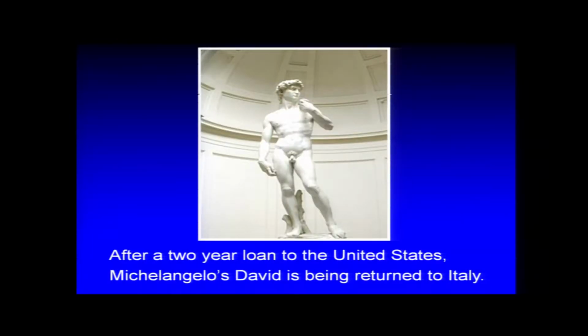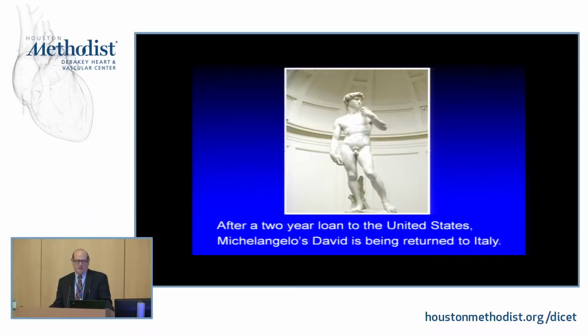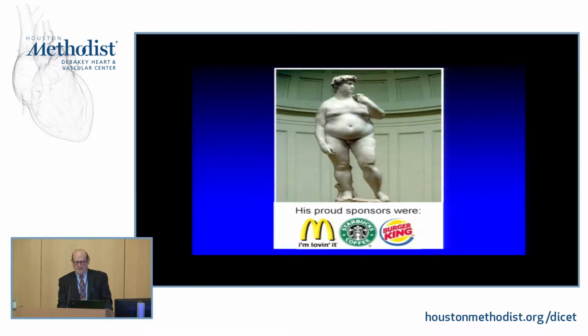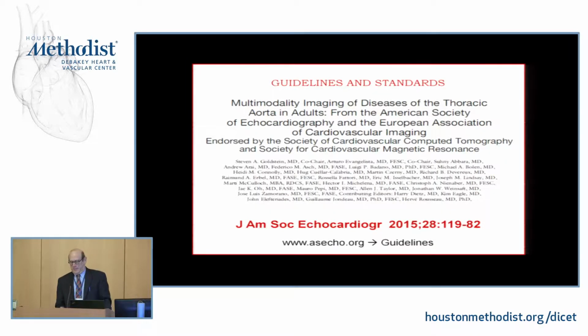Now, yesterday there was a bit of conversation about obesity and BMI and et cetera, so I thought I would share this with you. Most of you know this is a very famous statue of David from Michelangelo that was loaned to the United States for a while, and when we returned it back to Italy, this is how we returned it. So, enough for obesity and our problem in the United States.